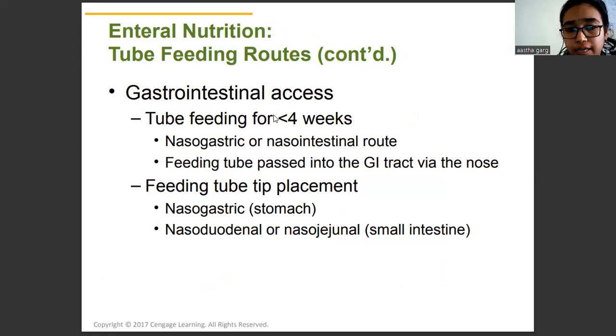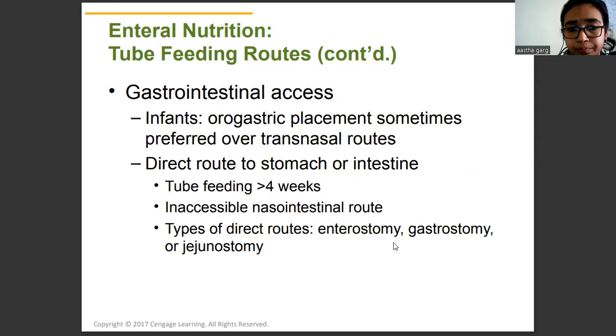The gastrointestinal access or the tube feeding should always be less than 4 weeks. It should be considered that it should not exceed a time period of 4 weeks. Feeding tubes placement, as I've told you, if it is nasogastric, the opening would be in the stomach. If it's nasoduodenal or nasojejunal, the opening would be in the small intestine.